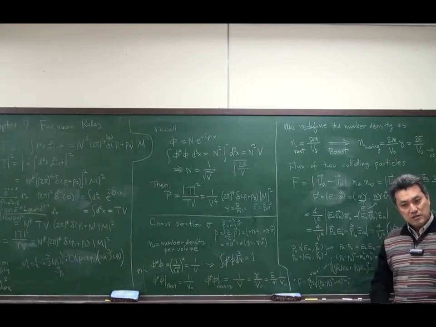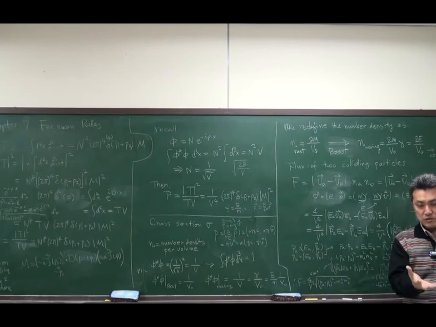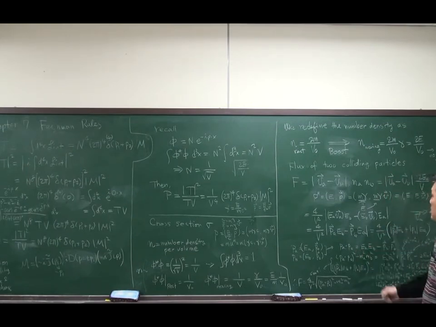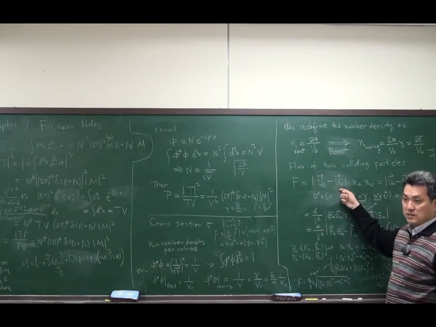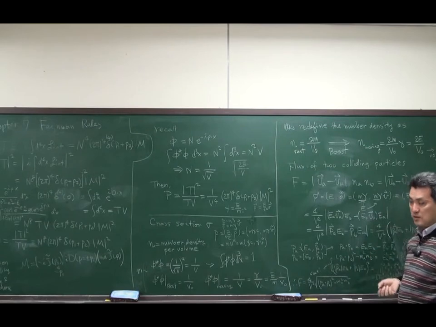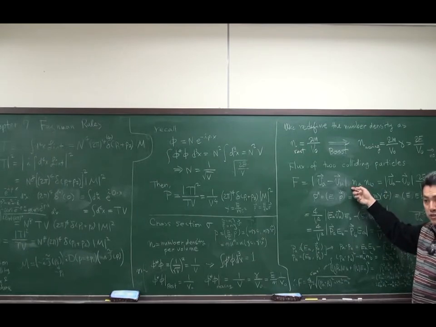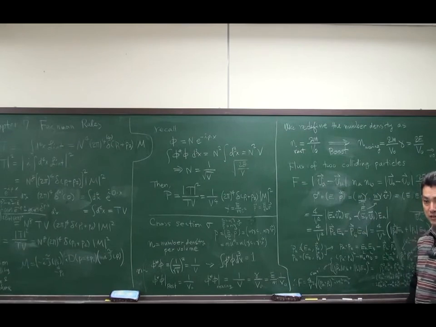And there is a family of particles, uniformly distributed in this space with number density Nb, moving in the opposite direction. In that case, relative velocity is proportional to the flux, and the number density of each family of particles should be multiplied to have a flux. Okay?